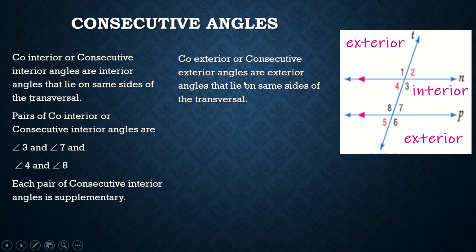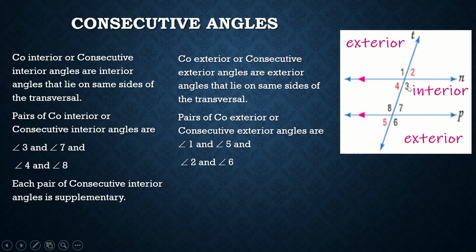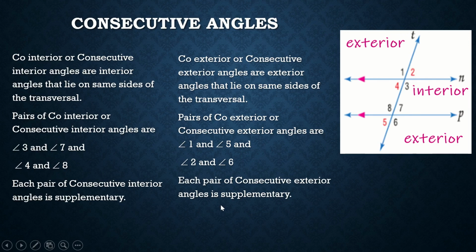Co-exterior or consecutive exterior angles are exterior angles that lie on the same side of the transversal. So, for angle 1, the co-exterior angle is 5, and for angle 2, the co-exterior angle is 6. So each pair of consecutive exterior angles are also supplementary. What do we mean by supplementary? As we said, it is 180 degrees.